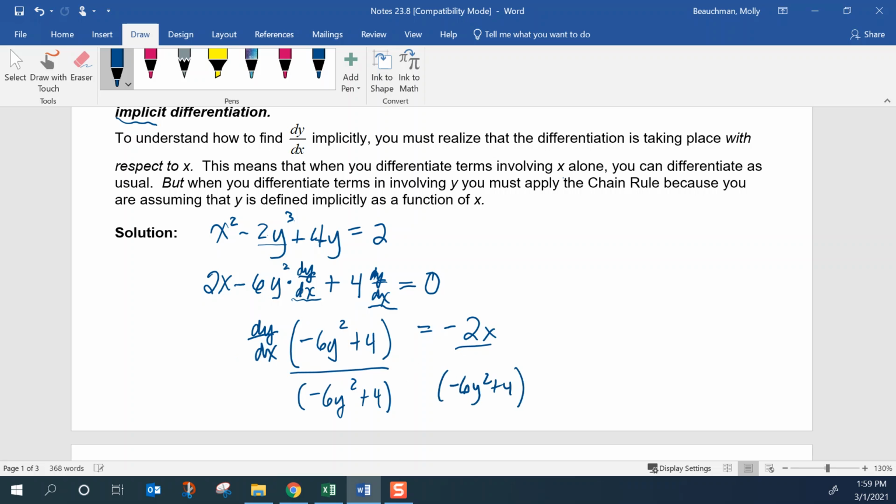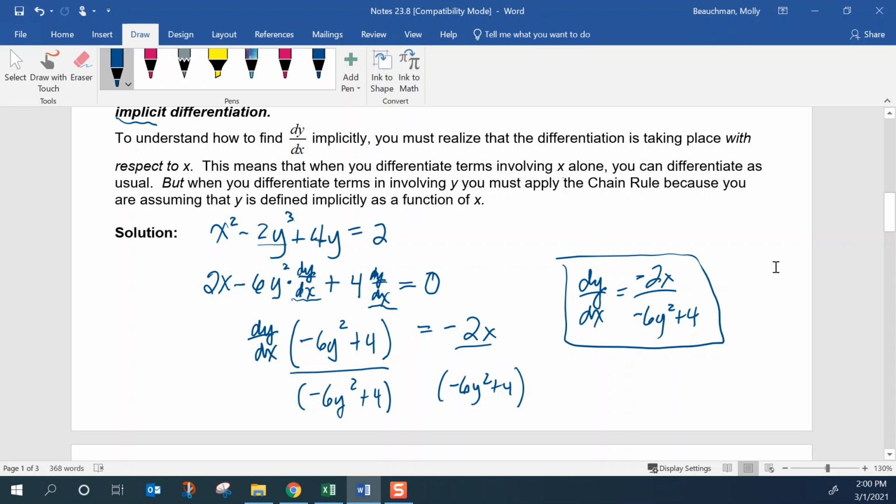So the derivative of my function, dy/dx, is equal to negative 2x over negative 6y squared plus 4. And notice the derivative of the function is in terms of x's and y's, the same as your function was implicitly at the beginning, so your derivative is also an implicit function.